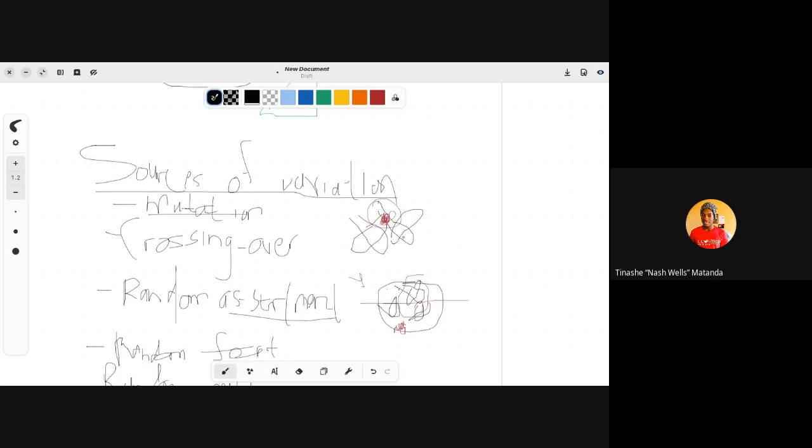These mutations can be by means of basically anything. It could be pressure changes in the environment. It could be even non-disjunction itself. Cancer is one example of a mutation. I can have cancer, and then I can pass on that cancer to my offspring, and it becomes a hereditary problem. So just also keep in mind mutation being part of the sources of variation.